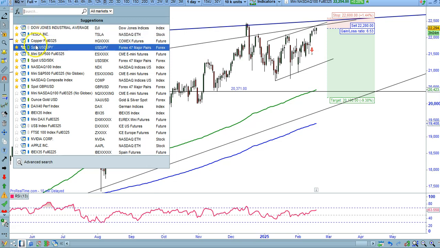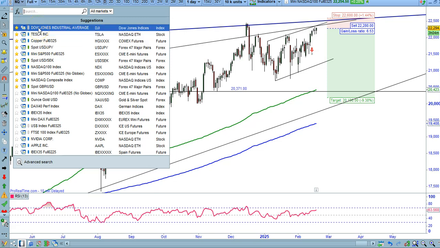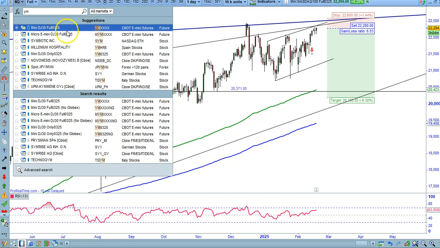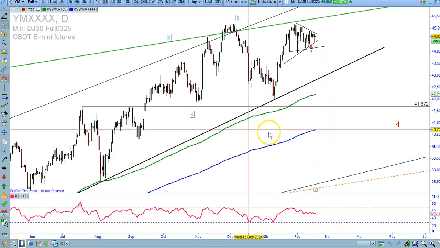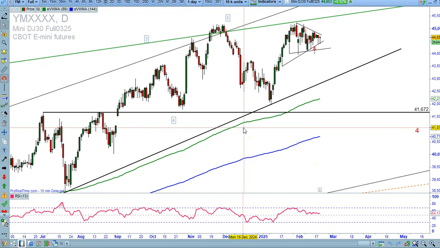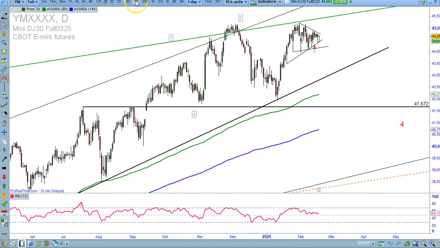Okay, let me switch to one more interesting US index, which is in a totally different situation and setup, and that is the Dow Jones.